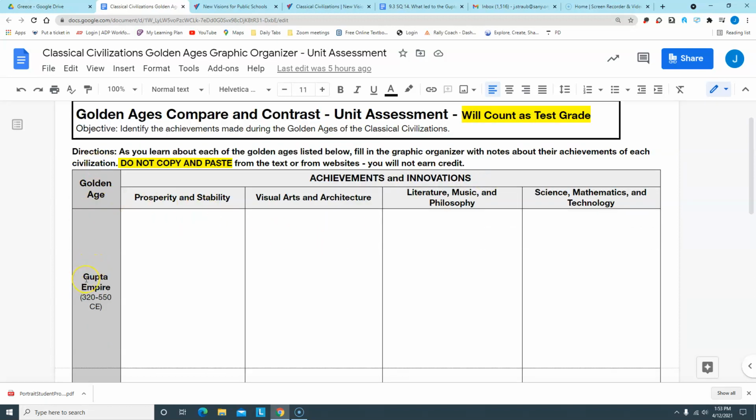The top row here is labeled Gupta Empire on the left. And then you've got different boxes that are also titled: prosperity and stability, visual arts and architecture, literature, music and philosophy, science, mathematics, and technology. And what you're going to do is, as you go through the Gupta Empire Museum Walk, you're going to fill in this information.